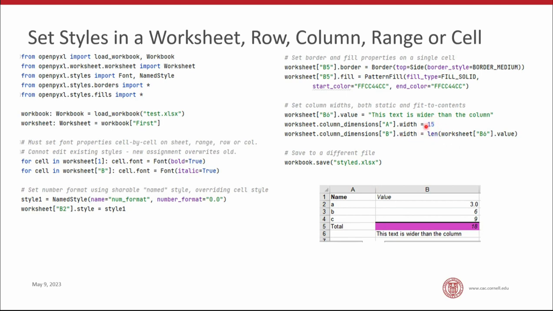And one of the reasons I think that this 15 is like the number of characters is if you want to make a column have about the right width to hold the data that's in it, you can just take the string length in characters of one of the cells, or the longest string of all the cells in the column. I happen to know that it was this cell B6 that was going to be the longest. So I got its string, calculated its length, and used that as the width value. And I got a reasonable column width that allows that whole string to be shown.